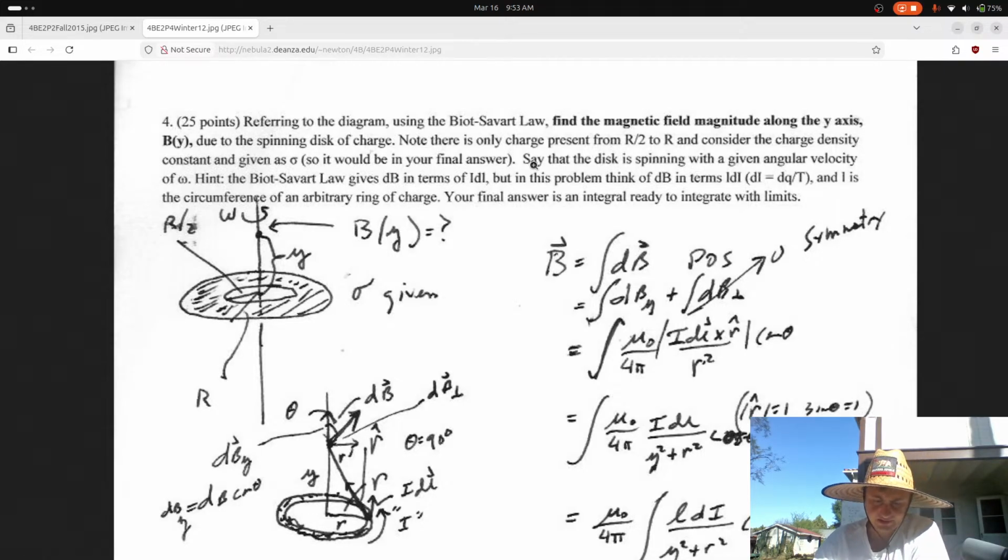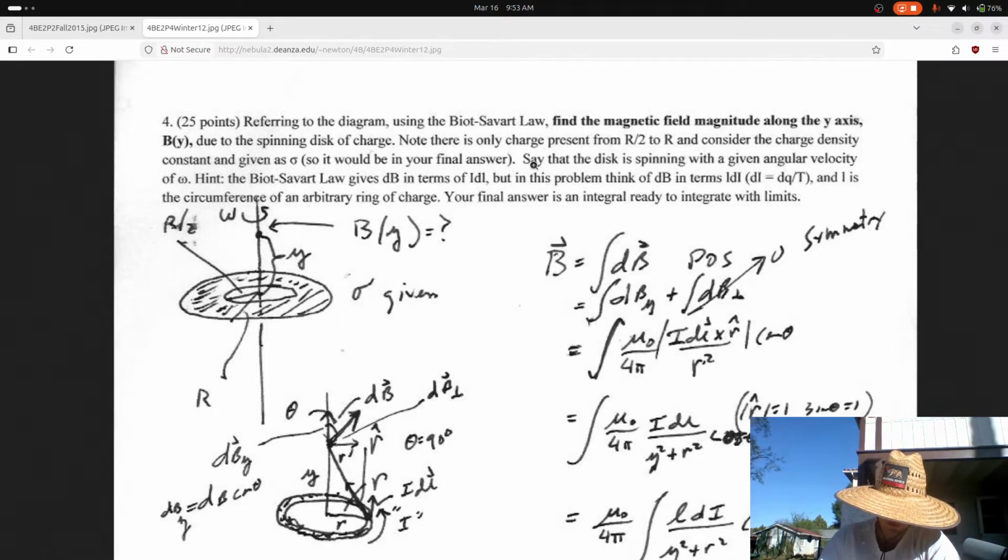Yeah, what is the direction of the current? Presumably it's just... I guess for a component, you're going to get this. This is y, this is r.